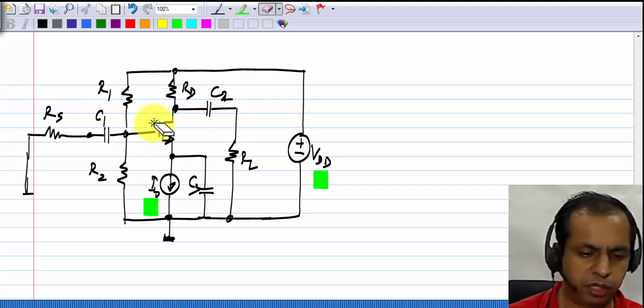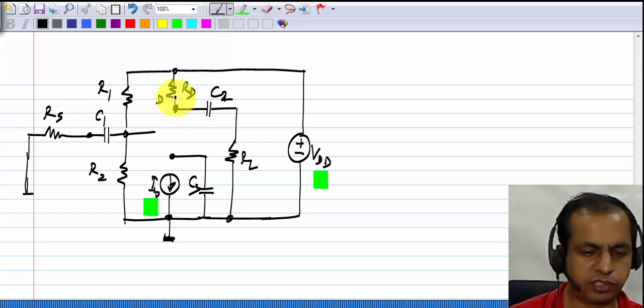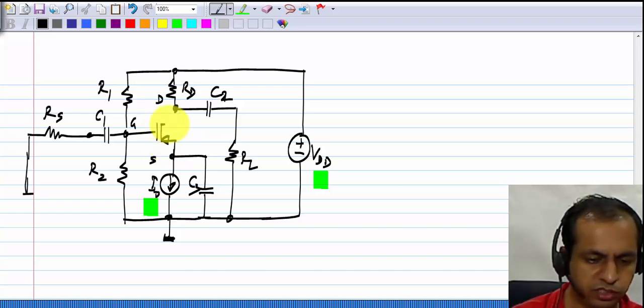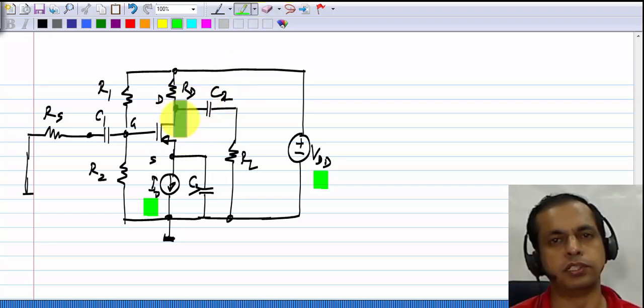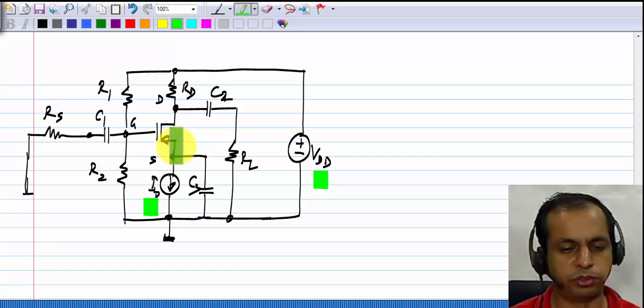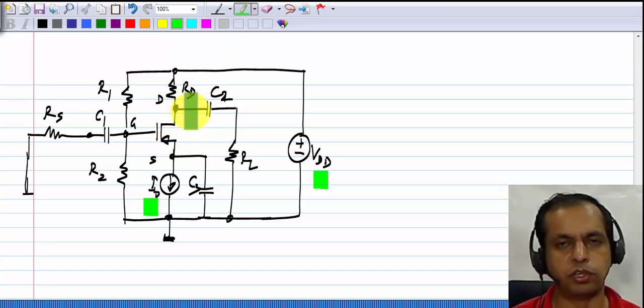Now, let me replace this with a PMOS transistor, keeping the terminal correspondences. The NMOS transistor had its drain connected here, gate there, and the source there, and I'll do exactly the same for PMOS. Now for PMOS, the arrow is pointing inwards, and this is what it looks like. Note that this is not how I conventionally drew it. In my earlier examples, I drew the source of the PMOS on top and drain at the bottom. This is the opposite.